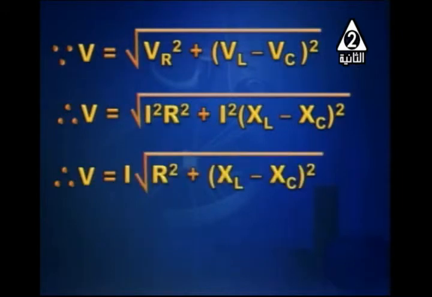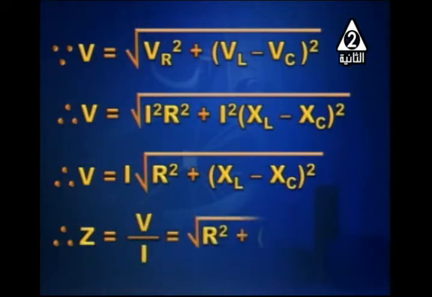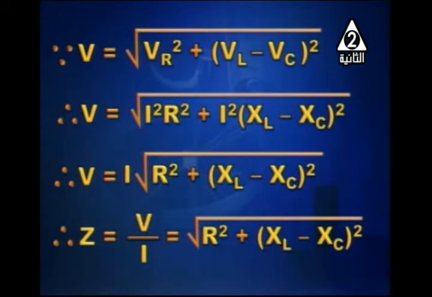So V equals I times the square root of R squared plus, between two brackets, XL minus XC all squared. In this way, we'll be able to obtain the impedance denoted by Z. So Z is equal to V over I. It is equal to the square root of R squared plus, between two brackets, XL minus XC all squared.